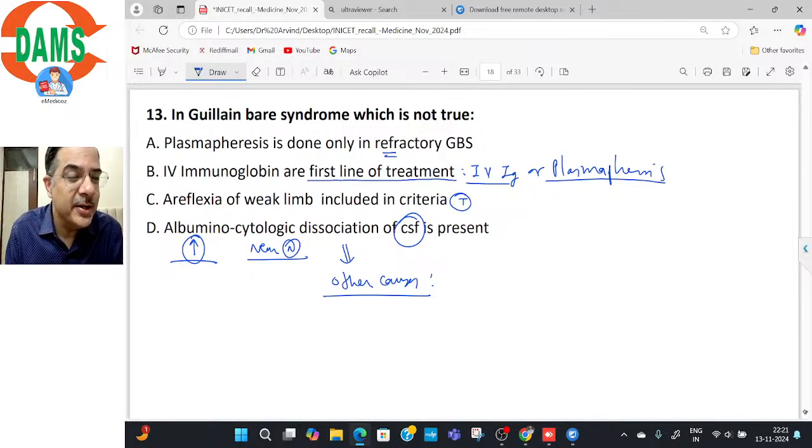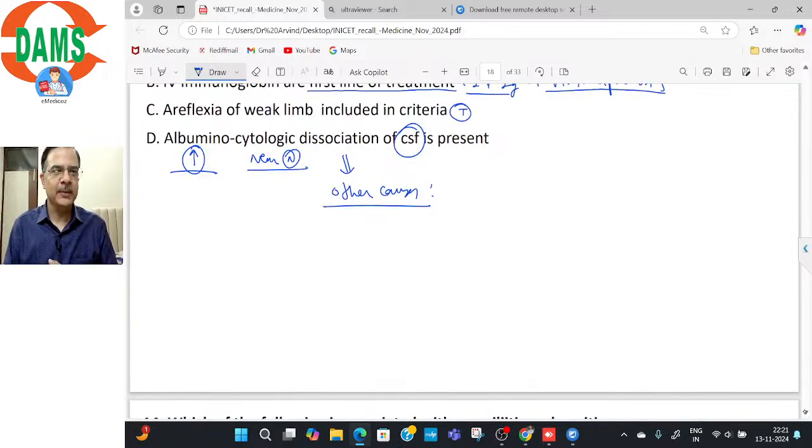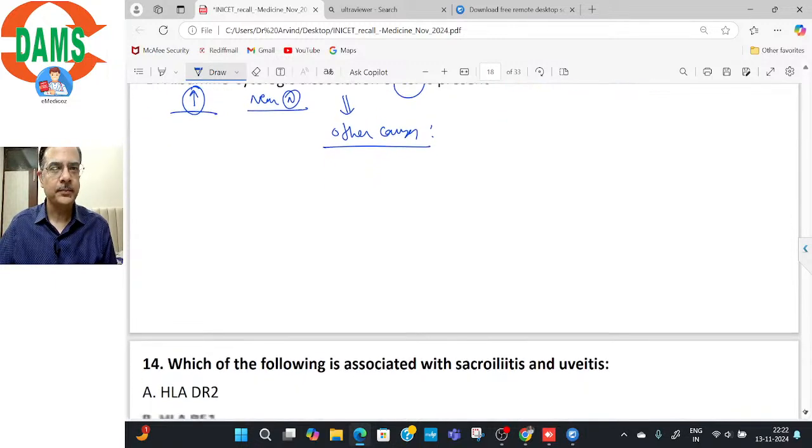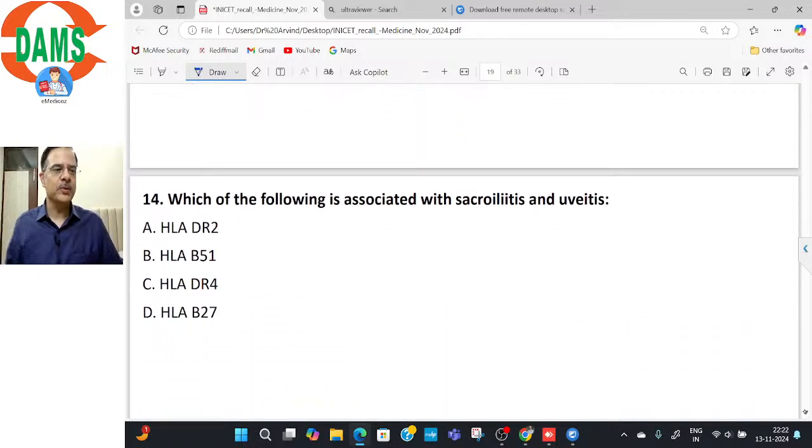Okay, so can anyone tell me what is the other cause of albuminocytological dissociation in the CSF fluid? Rather than being a recall, I'm asking you the question. Okay, anyone? Just tell me two important causes of albuminocytological dissociation.